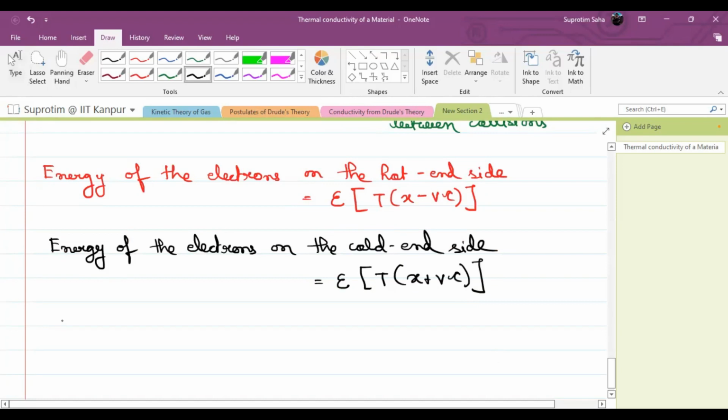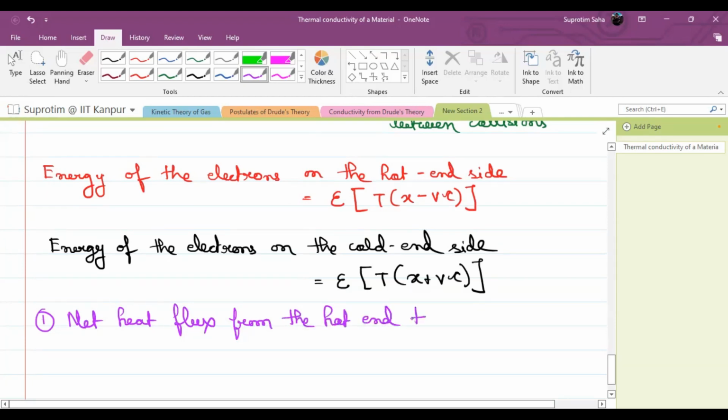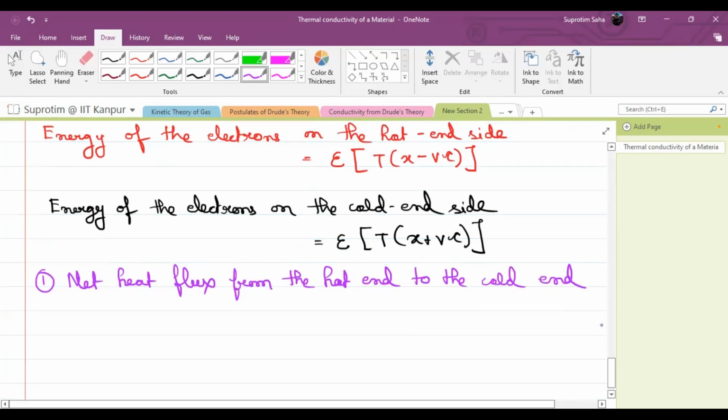Now calculate the net heat flux. Ultimately, we have to calculate the heat flux. So point number one, the net heat flux from the hot end to the cold end. It's simple to write because this heat flux will be energy per unit area per unit time.